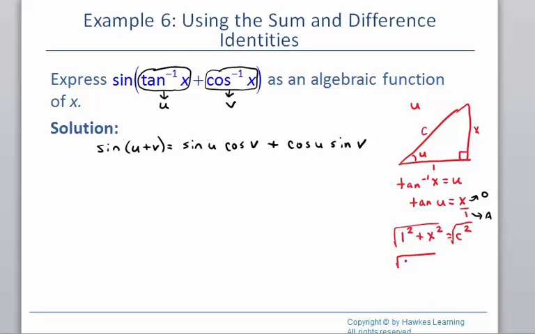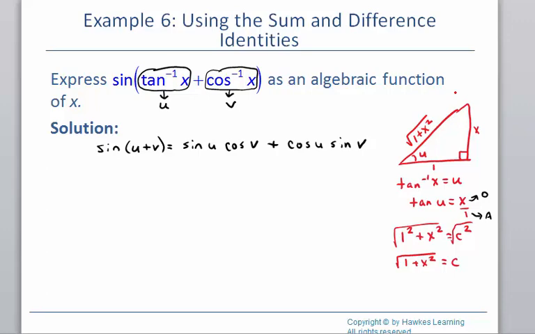And this tells me that the square root of 1 plus x squared is equal to c. And so I can now come back to my triangle, and I can say that side c is going to be the square root of 1 plus x squared.